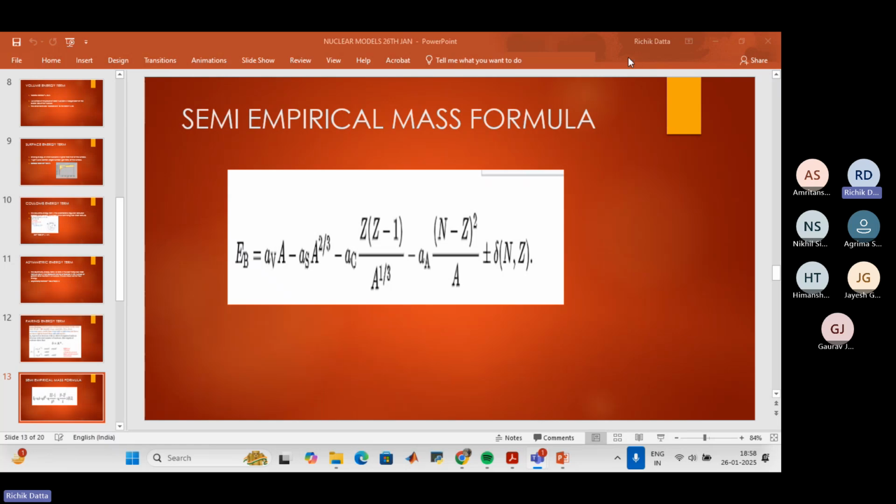You must have heard about the SPDF states: S state, P state, D state, F state. In S states, not more than two electrons will occupy the same level, for 1s, 2s, 3s. In P states, not more than six electrons will occupy the same level. After that, it will go further to higher states. So this is the Pauli exclusion principle, and this state is known as the Pauli state. Have you got it?